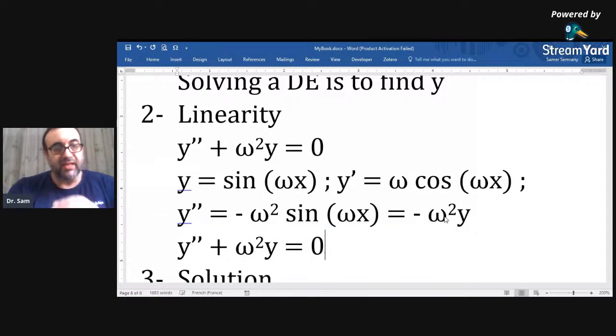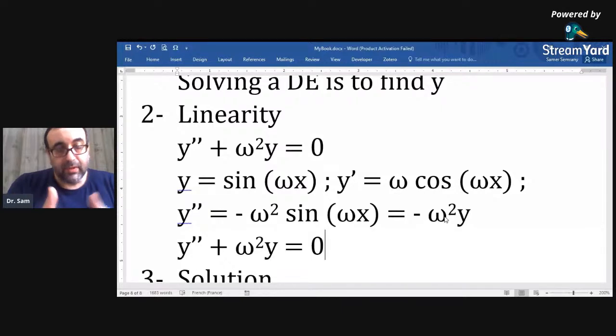So it is a solution. So sine omega x is a solution of this differential equation.